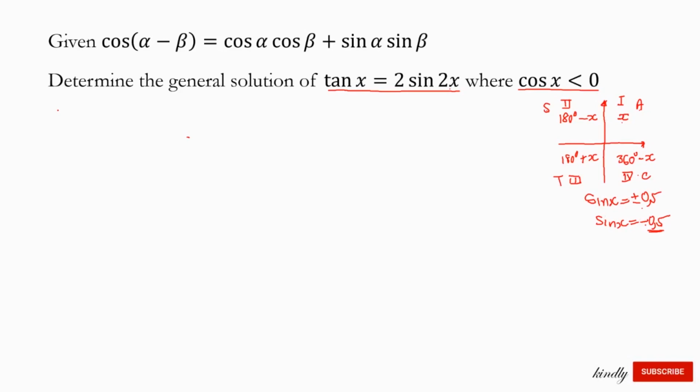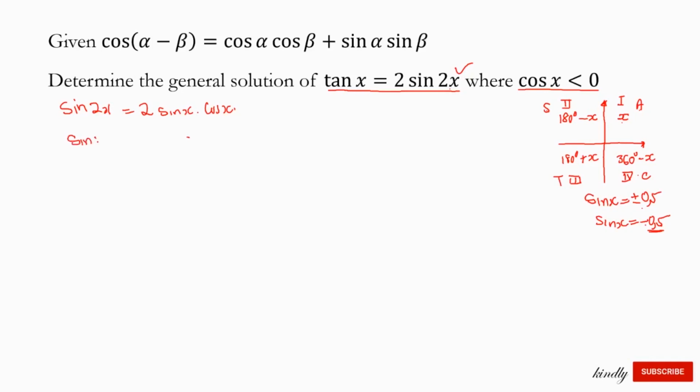Remember that the double angle identity, sine 2x, is equal to 2 sine x cos x. Let's try to get our general solution here. We know the identity that tan x is sine x over cos x.